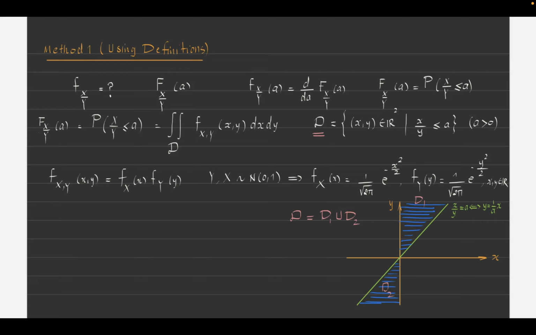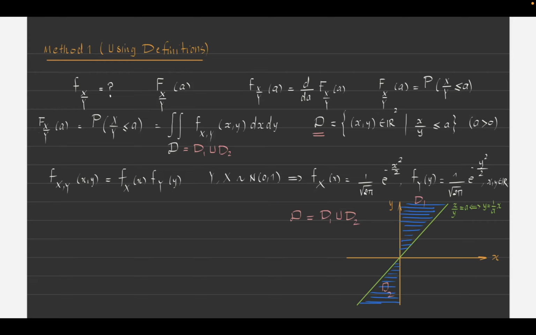So the domain of my integration is D1 union D2, and they don't have any overlap. There is a theorem in multivariable calculus that will allow you to write this single double integral as the sum of two double integrals, one on D1 and the other one on D2.